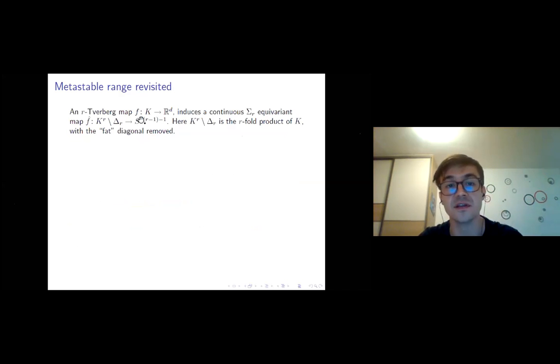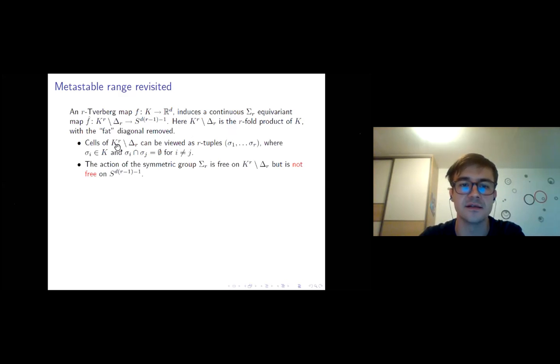If we're given this r-Tverberg map, we can always define this map f hat in a similar way as previously. I can take the r-tuple product of the simplicial complex, and then I delete the diagonal, so any sort of intersection. So the space looks like that.